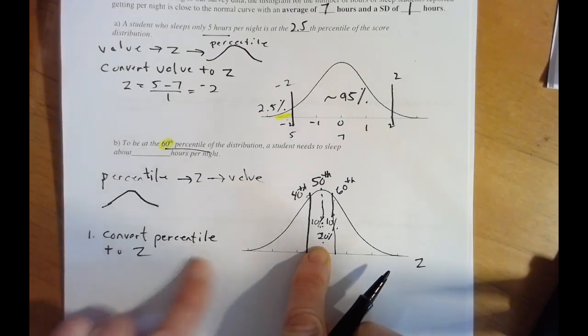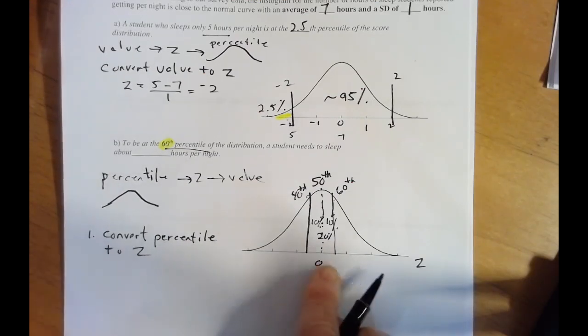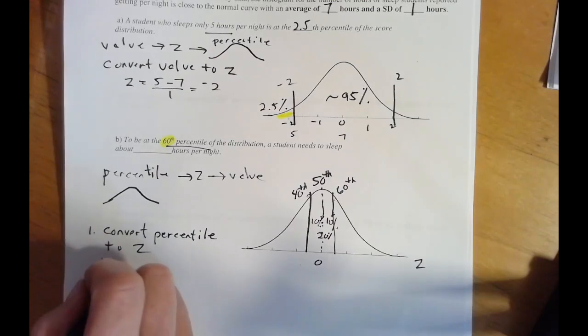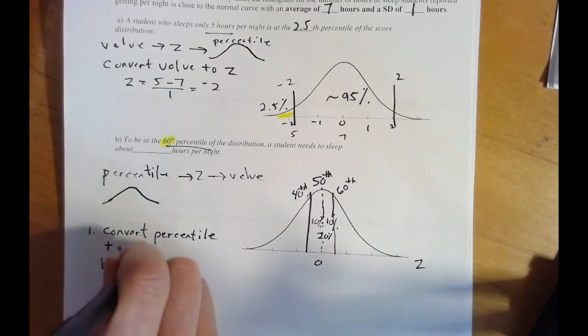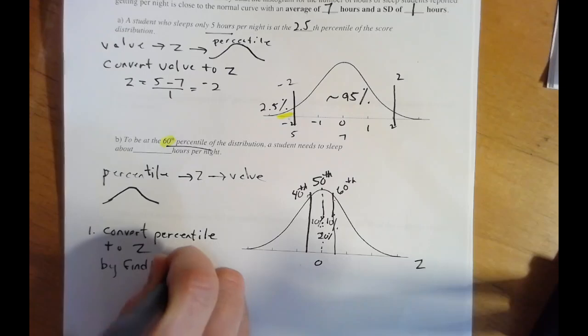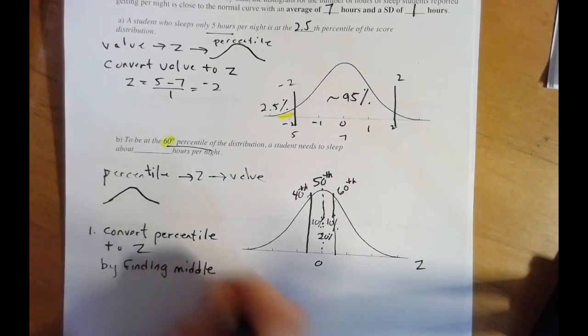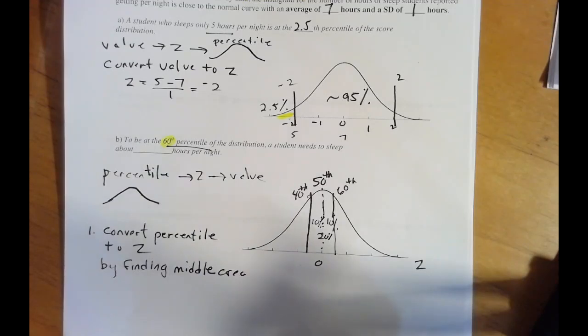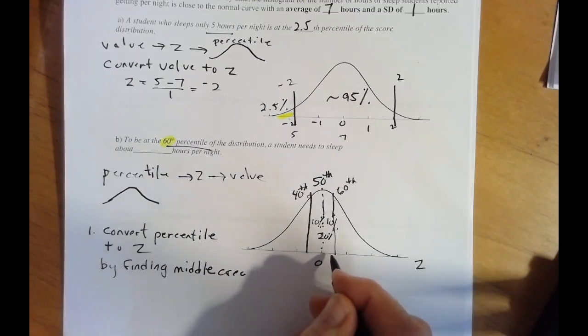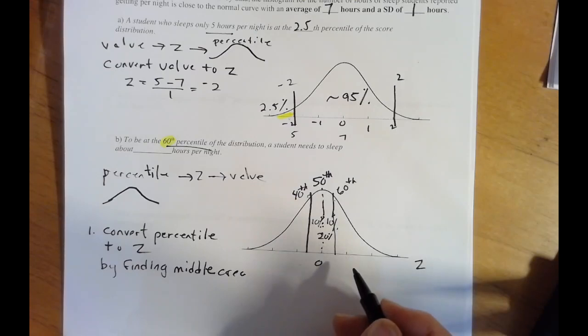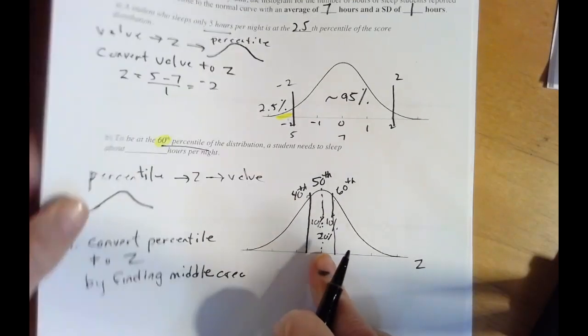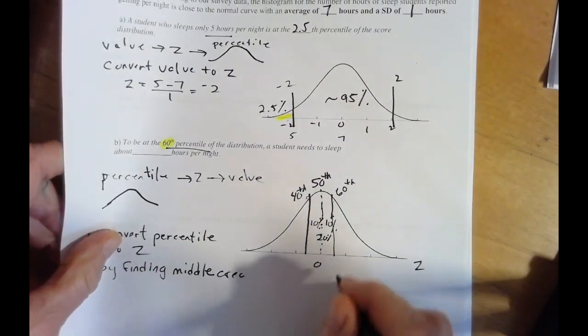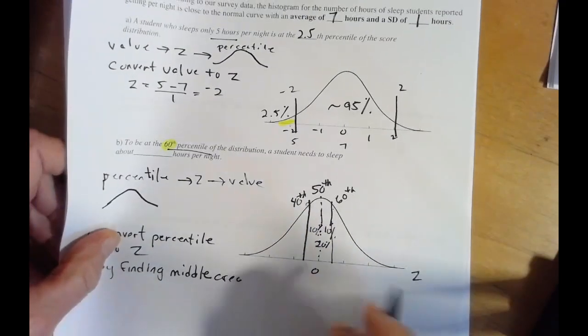So we're going to convert to a z-score by finding the middle area and then looking up the corresponding z on the table. So we've got the middle area of 20%, and all we have to do is look up 20% on the table and see what z it's between.